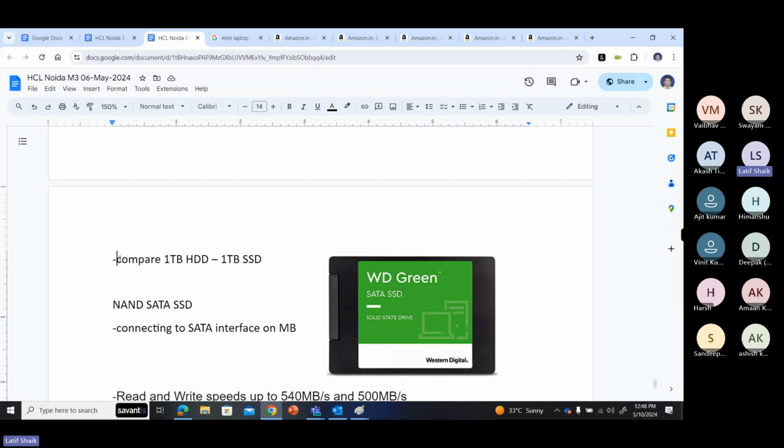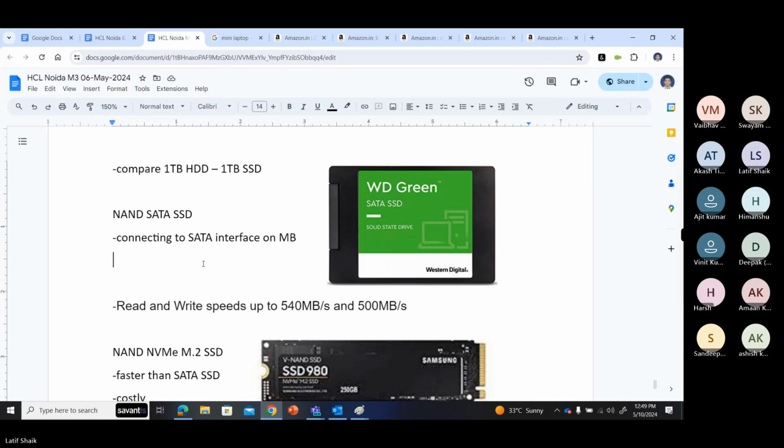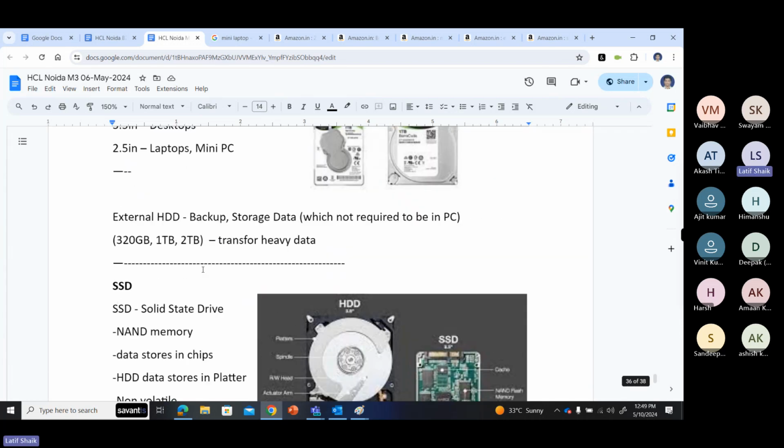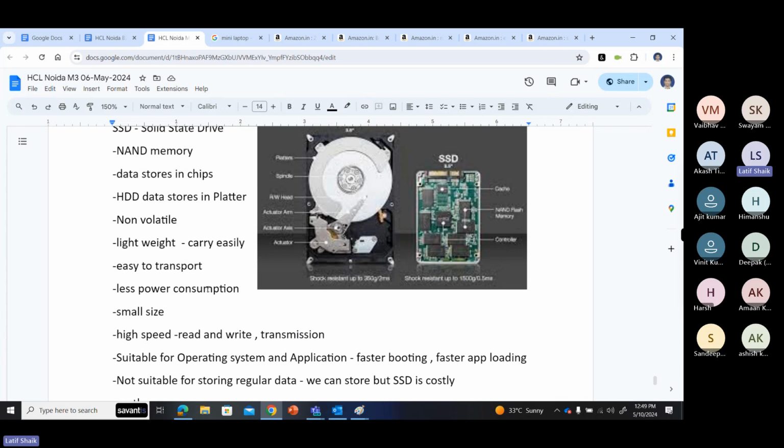When you compare 1 TB of hard disk to 1 TB of SSD, you will understand the cost difference. I didn't write the cost because cost always varies. Just understand the difference between hard disk and SSD.